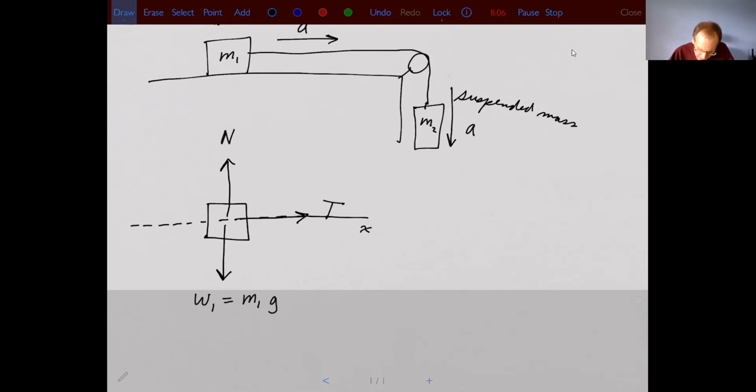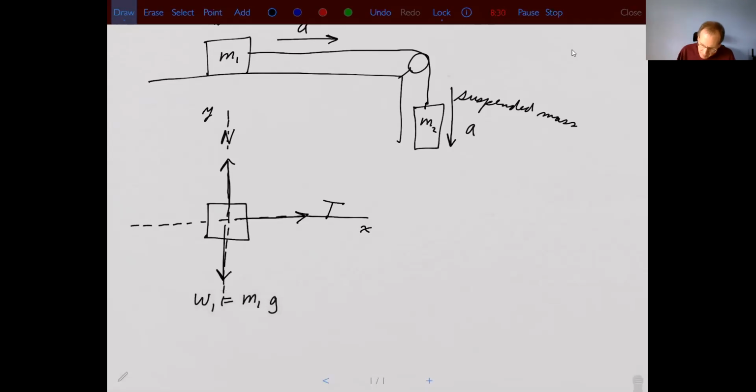And then y will be going up, positive upward. So this is going to be y here. Okay, so now I'm going to apply Newton's second law in each of those directions. Let me do the y direction first.